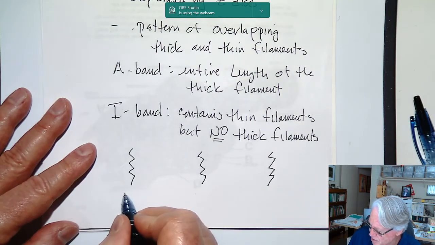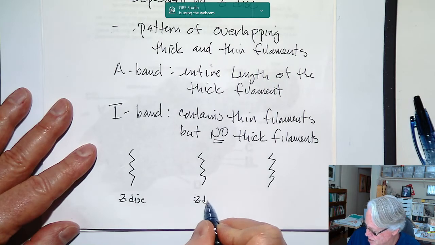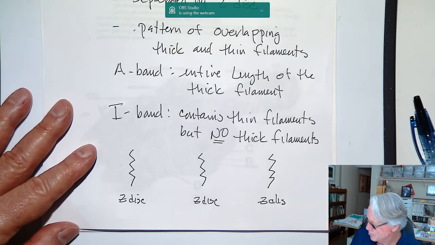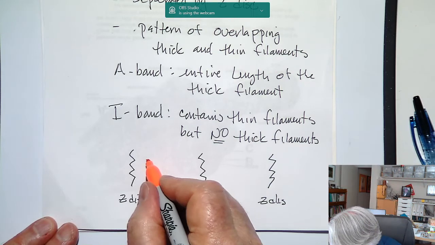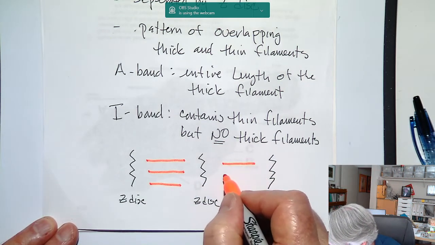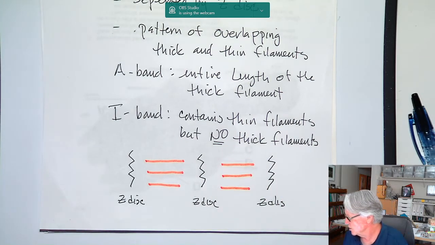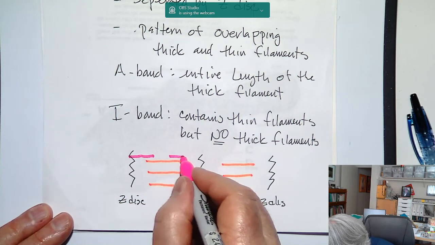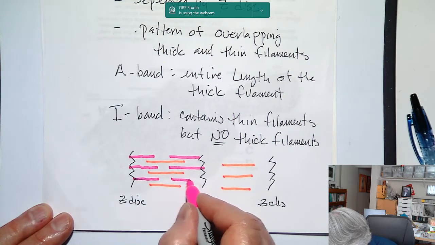And so this is my Z disc, my Z disc, and my Z disc. Okay. And then I'm going to come in here and I'm going to do some thick, thick, thick, thick, thick. And then I'm going to do my thin, thin, thin, thin, thin.